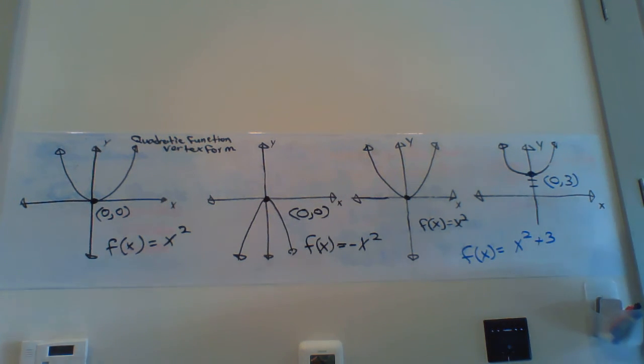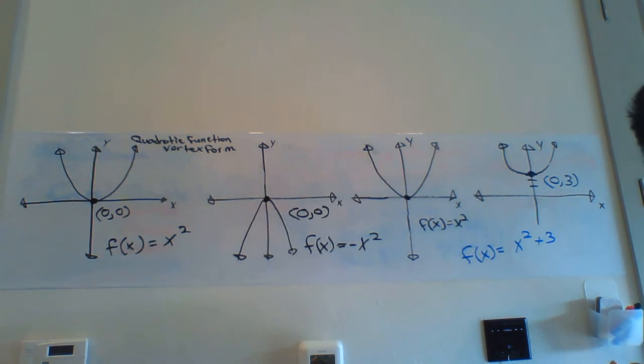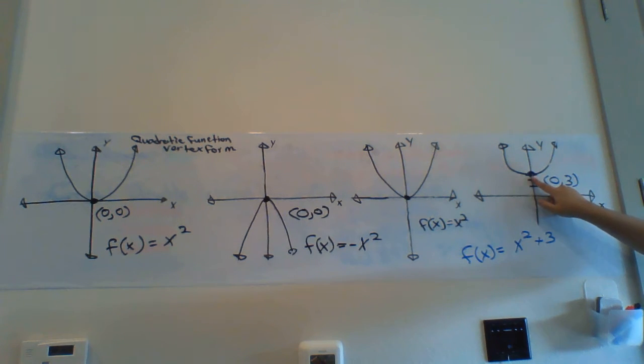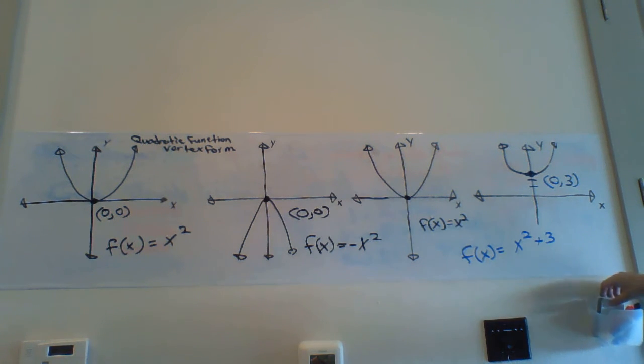And that's my function. So whenever I'm moving up or down, all I have to do is at the very end add a plus 3 if it's up 3, or a minus 3 if it's down 3. And remember, I'm always looking at that vertex. Always look at the vertex. All right, so let's do something different.